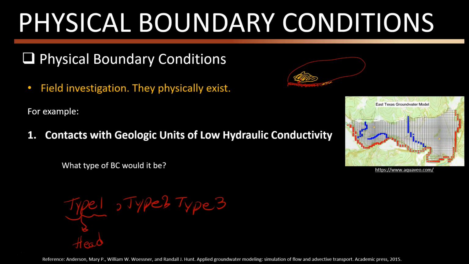Technically we would need to know the values of head at specific locations, so this is not a good one for this case. Type 2, which is the specified flow, can be a good mathematical expression to model this form of low hydraulic conductivity hydrological units, because you can define a no flow boundary condition there.